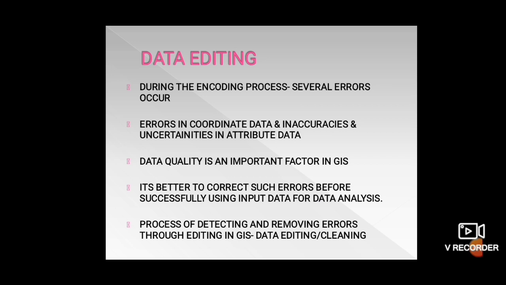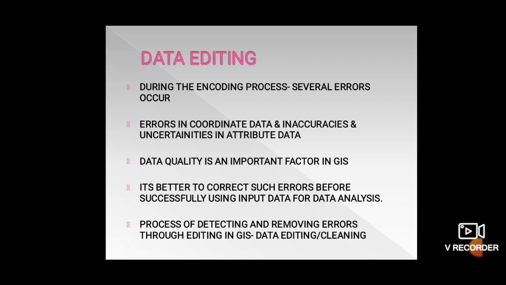During the process of encoding, many errors might occur in GIS. There may be errors in coordinate data as well as inaccuracies and uncertainties in attribute data. A good practice in GIS involves continuous management of the data quality by identifying and correcting such errors in the data stream.